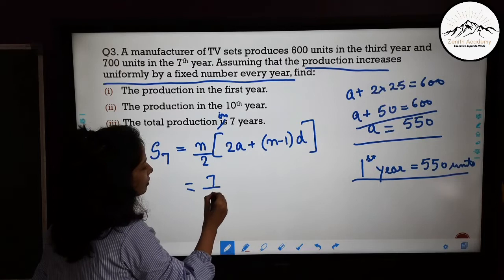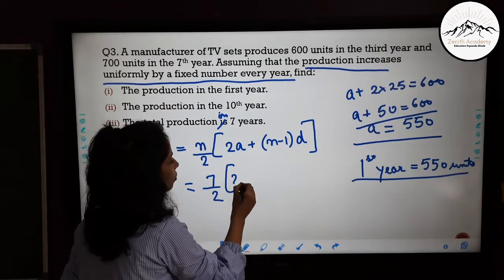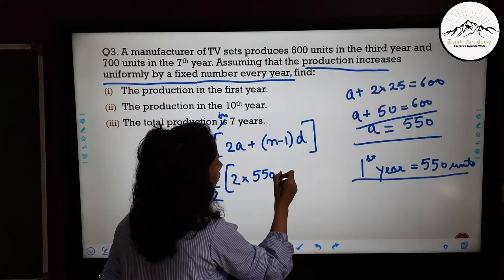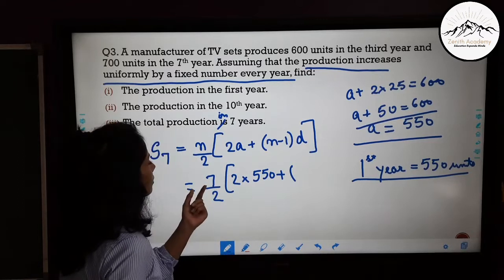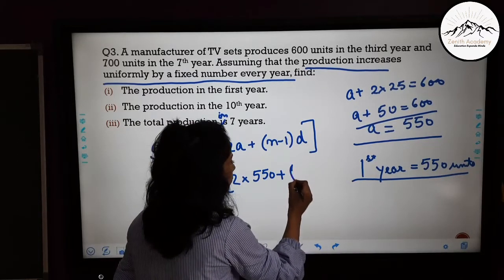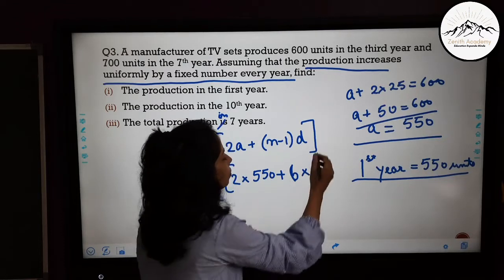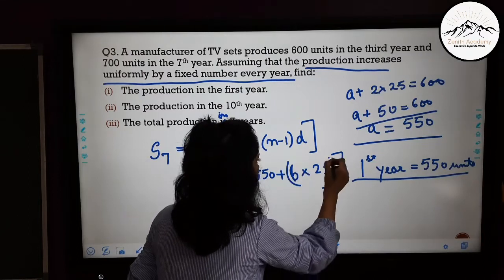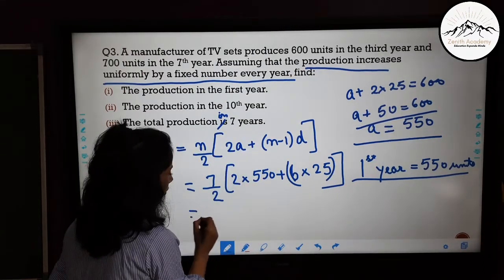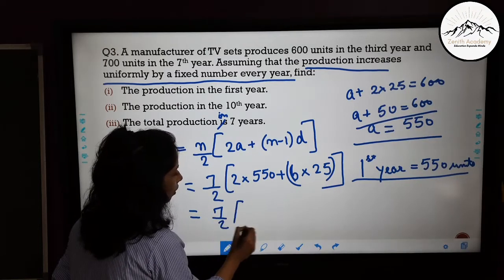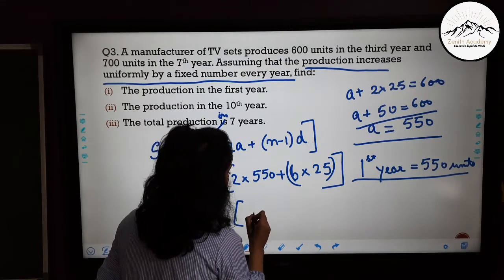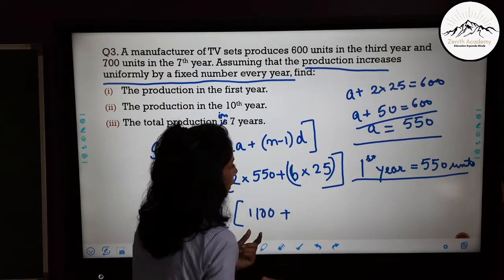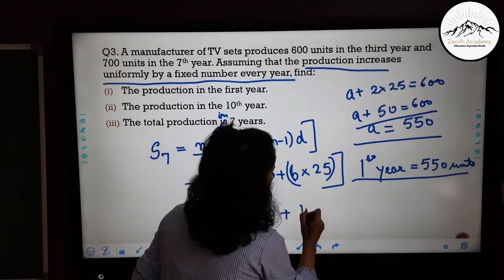N we know as 7, 2 into a we found as 550, plus 7 minus 1, which we know as 6, into d, which is equal to 25. Solve this. 2 into 550 will give us 1100, plus 6 into 25 will give us 150.